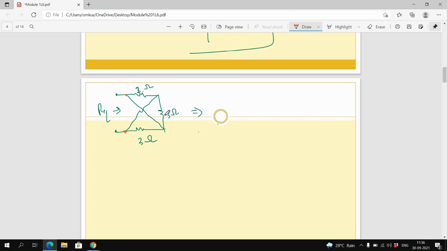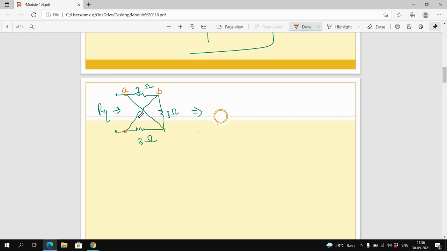Okay. See, a 3 ohm resistance is given here, or any other resistance may be given. You can solve it if some different resistance is given, the process is the same. So name the nodes. Let this node be A and this node B. This node is short circuited with that node, okay?